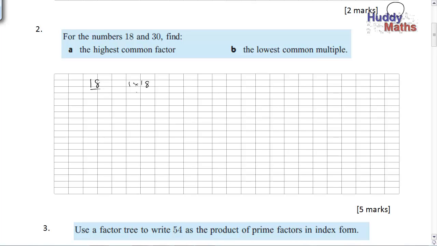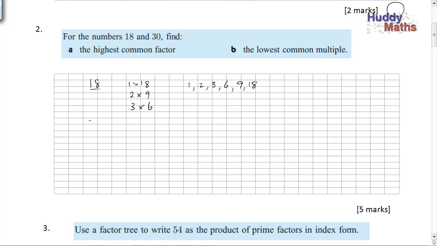So we'll list these out in a minute. 2 by 9, divide by 3. 3 by 6. 4, 5, 6. That's all, I think. So what have we got there? Now, listing the factors would be 1, 2, 3, 6, 9, 18.